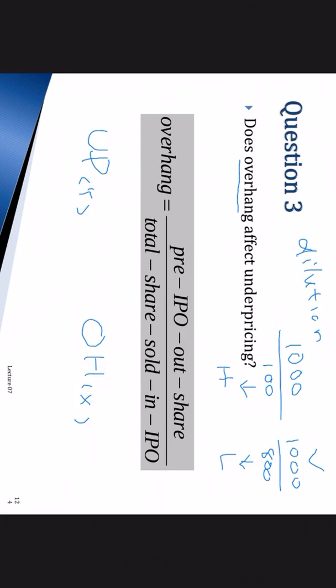Okay. So now the question is, when you have a higher overhang, whether you will have a higher underpricing or the other way around. Now 7 say positive, now 6 to 6. 6 say positive, 6 say negative.